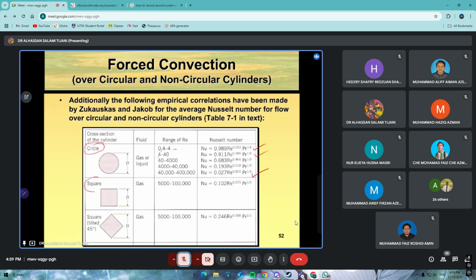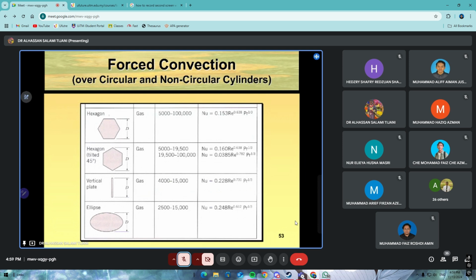And for a square, for a gas, the range of Reynolds number and its corresponding Nusselt number is given by this. For a square tilted, these are the appropriate equations.